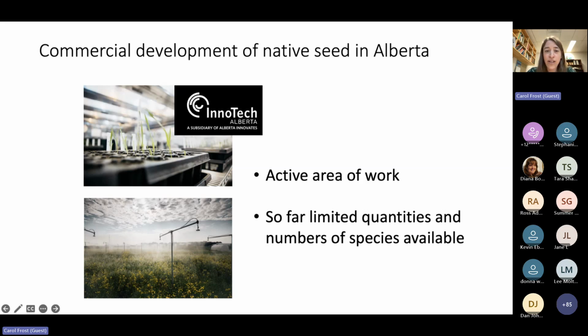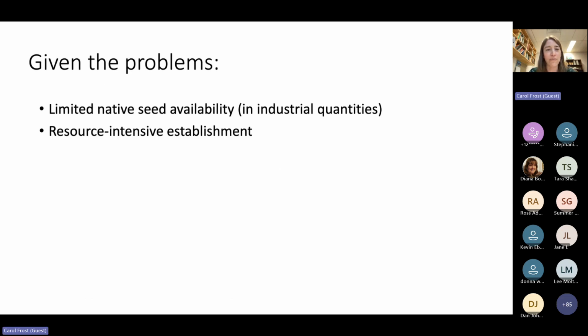Inotech Alberta is doing a lot of this, led and worked on by Marshall McKenzie, among others. So far, however, limited quantities and numbers of species are available, as EPCOR discovered in their attempt to purchase their desired seed mix.